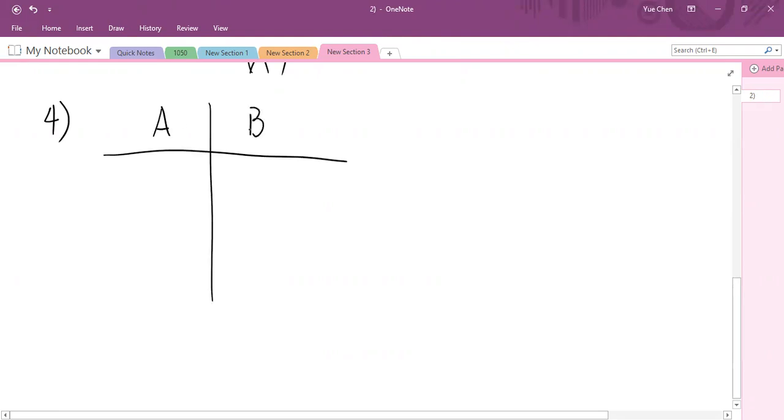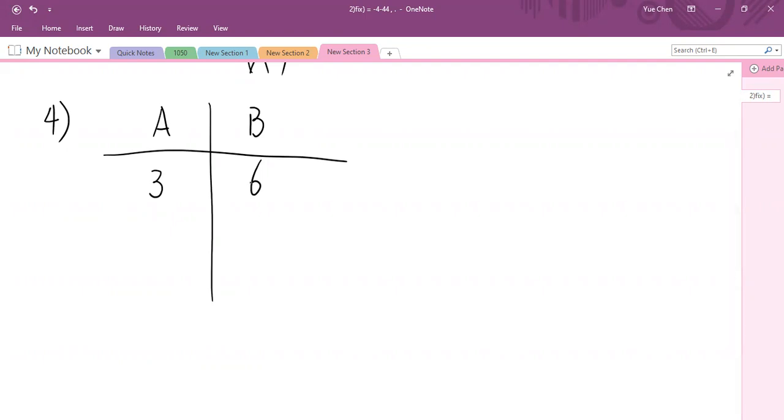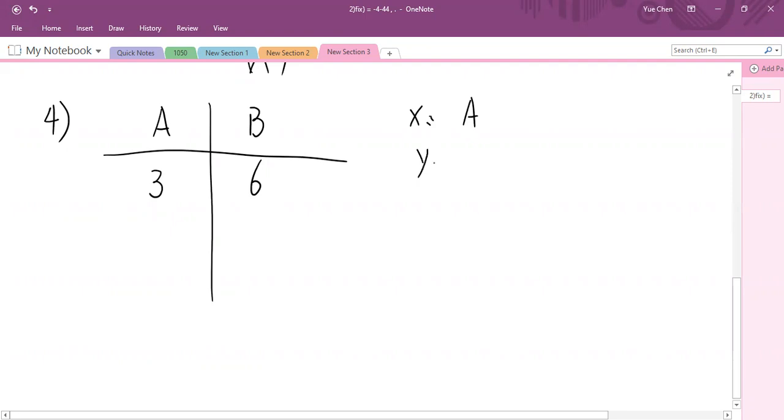Part A and part B. Part A, the profit is $3 each. Part B, the profit is $6 each. We let X be the number of part A. Okay, X is part A. Y is the number of part B.